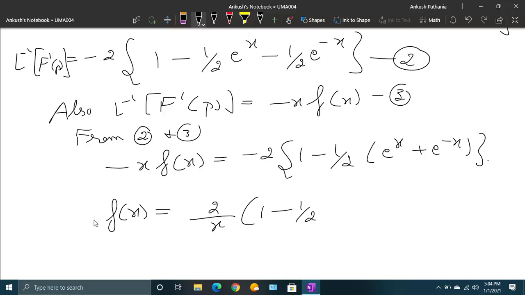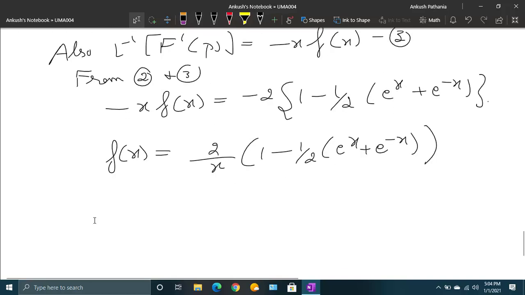Am I making any mistake here? Let me check. It is fine, minus x, yes, this is going fine, and then e^x plus e raised to power minus x.